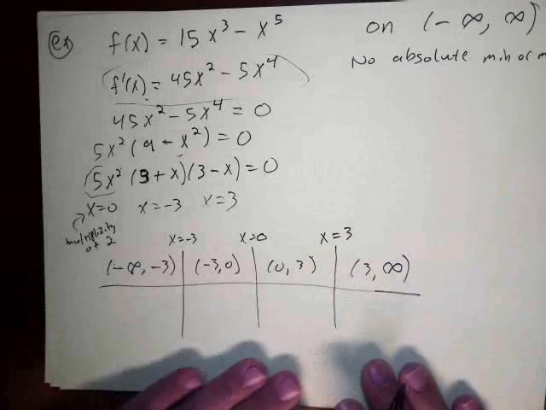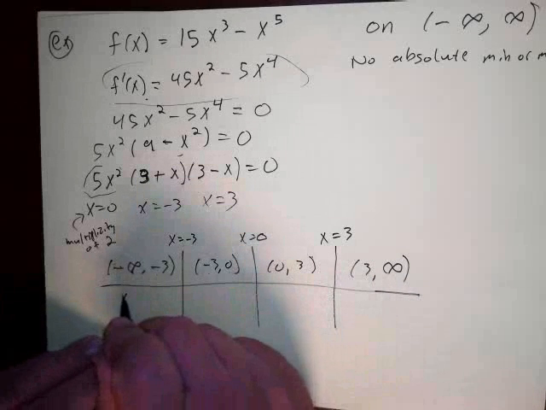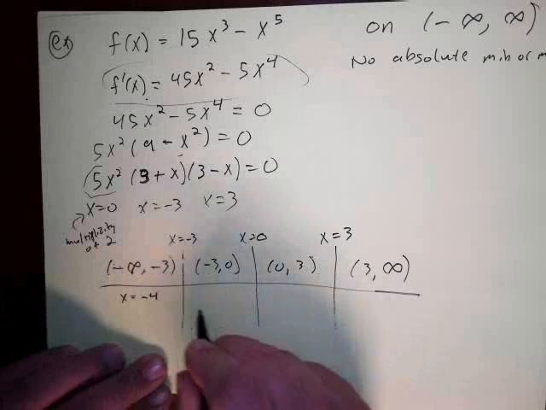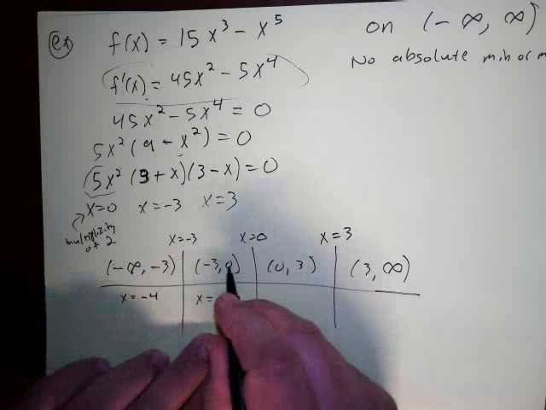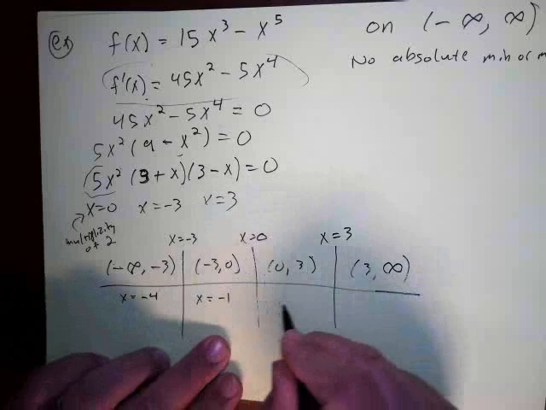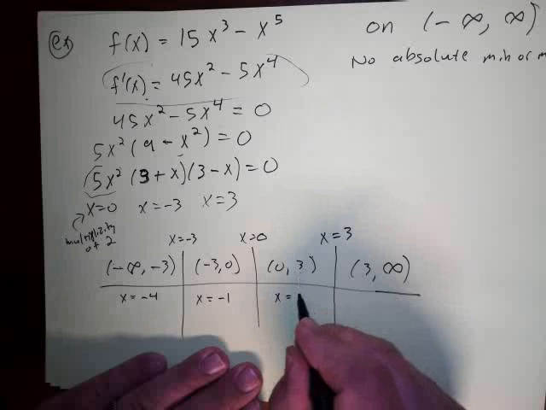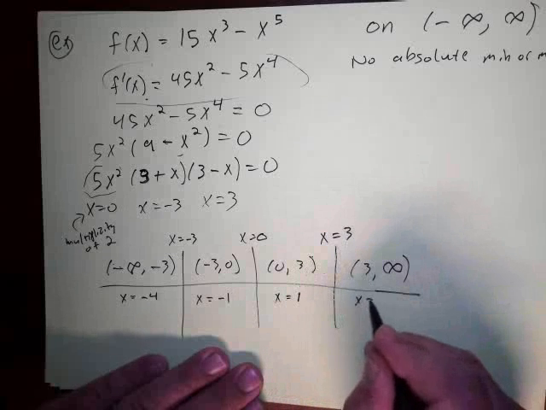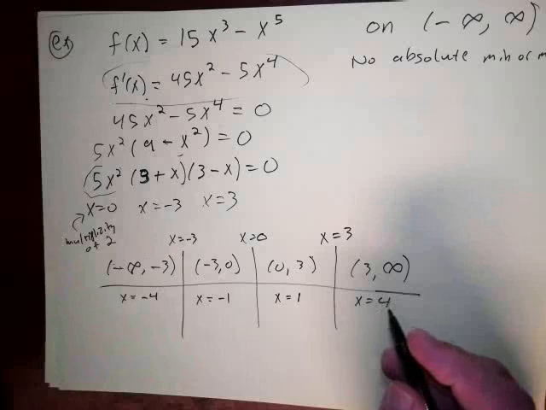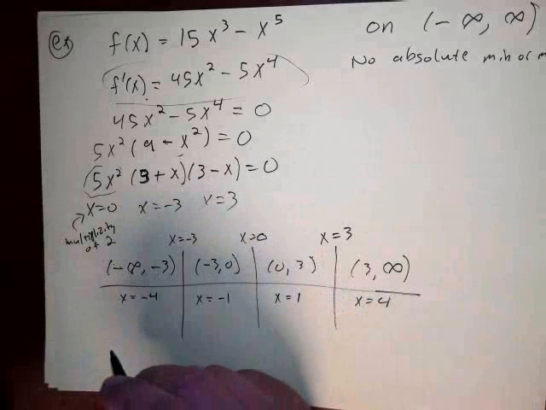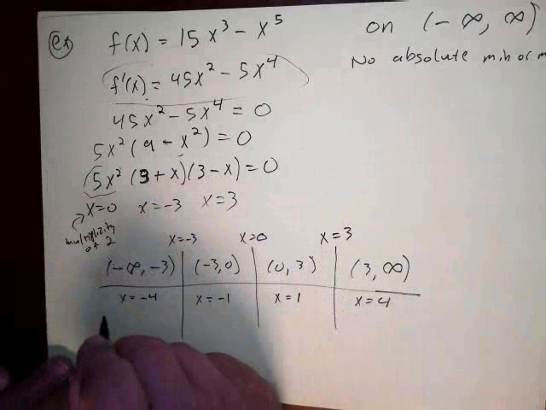Okay, and so I'm just going to go ahead and put in some test points here. We'll do negative 4. And in here I'll do negative 1. Here I'll do 1, and then I'll do positive 4. And I've actually done these earlier.